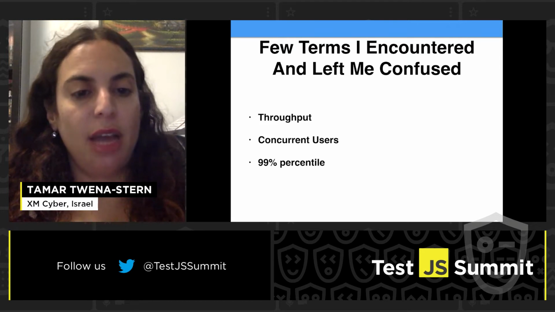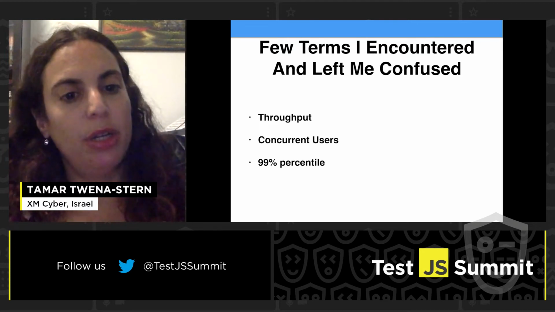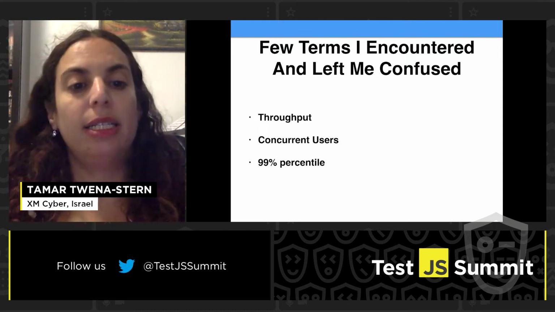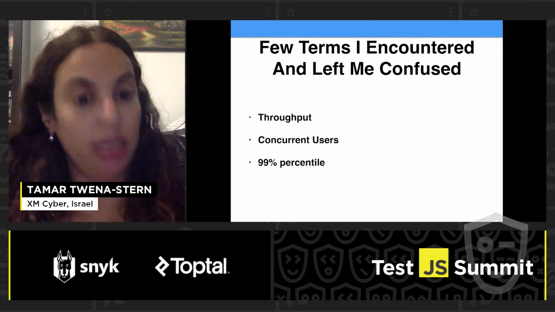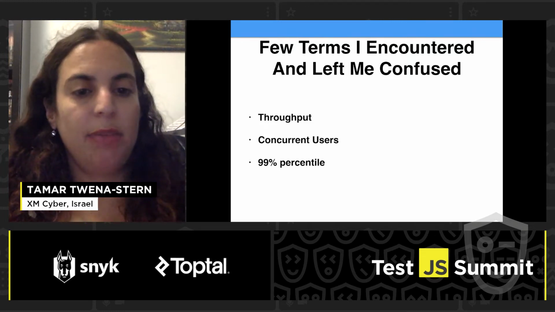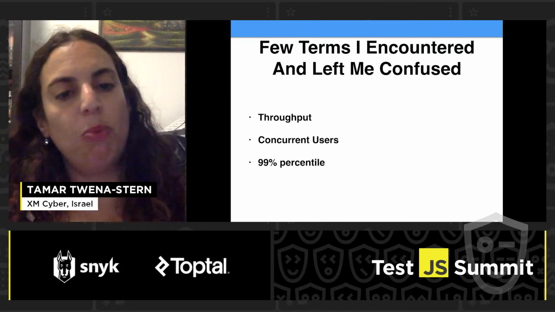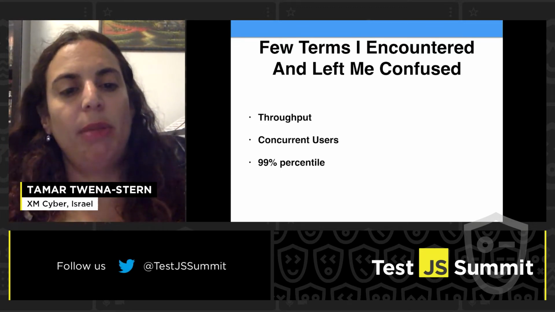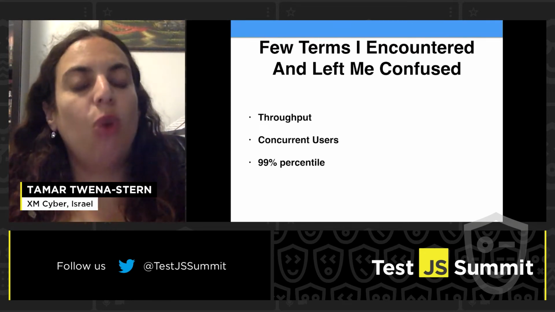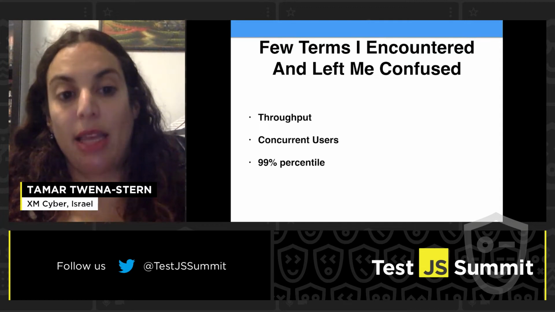Another thing that is very common when you're talking about performance testing and benchmarking is the 99th percentile. What is the 99th percentile? Why is it very important? Because sometimes when people measure, we're looking at the 99th percentile much more than at the average.